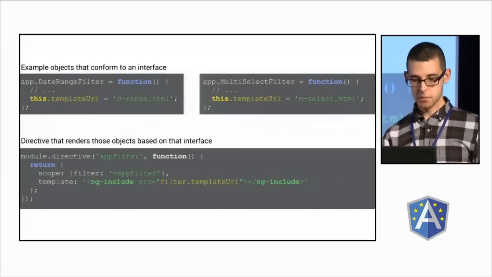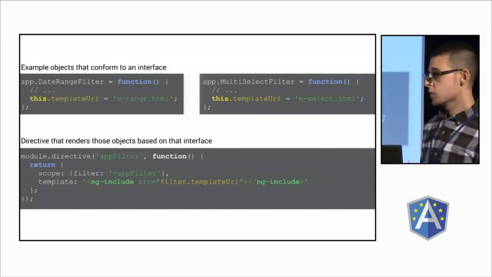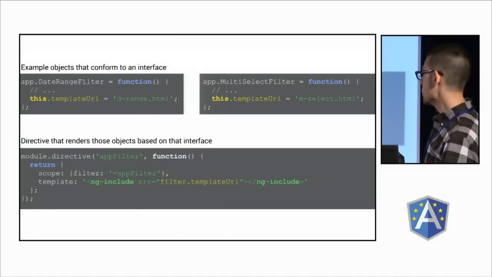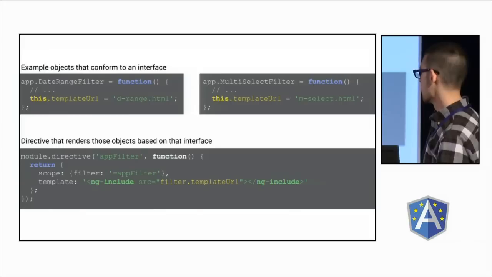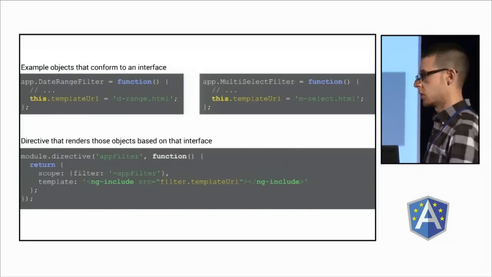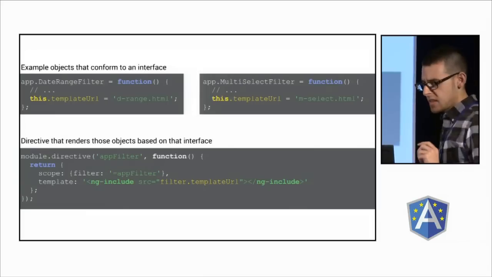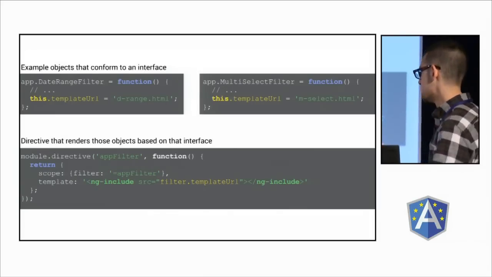As an example, we have here some code that shows a very simple interface that has two filter classes, each of which just exposes a template URL. They can have whatever other logic inside of them that they need in order to run. But that template URL is what is going to determine how that filter renders.